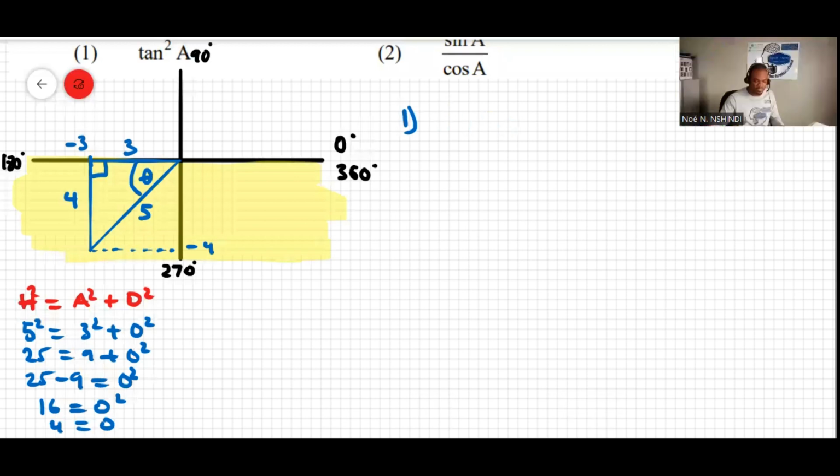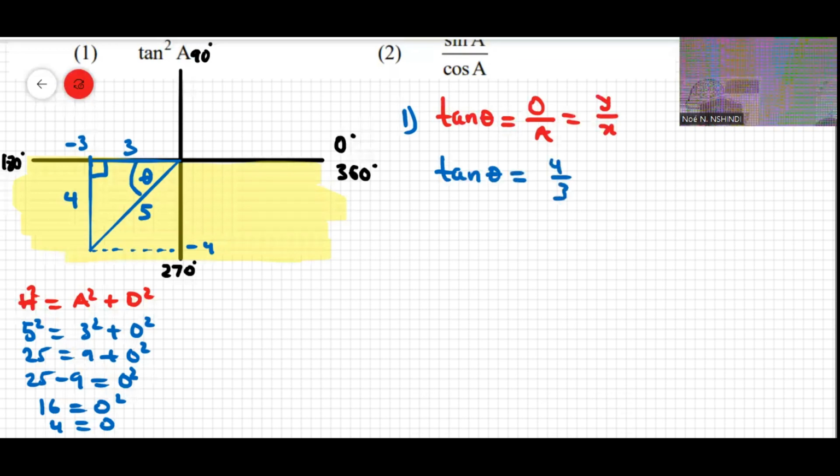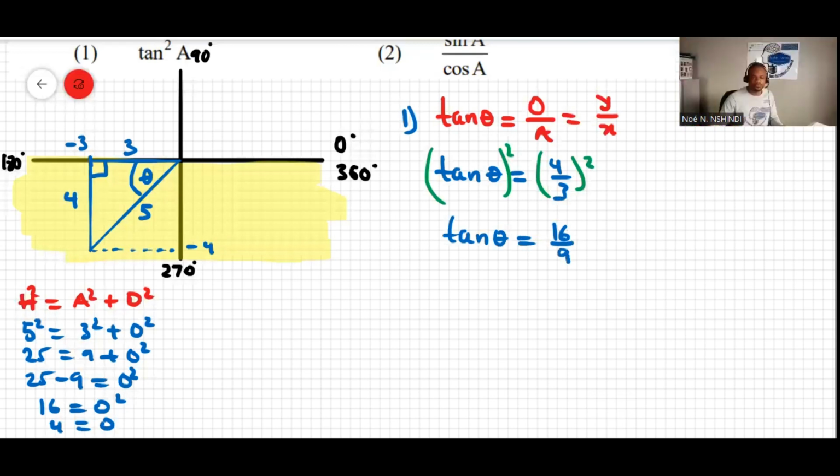Then I'm going to write the formula there: tan theta equals opposite over adjacent, sometimes y over x. So tan theta will be equal to 4 over 3, raised to the power of 2, because it is to the power of 2. Then this will be 16 over 9. Okay, that was question 1.